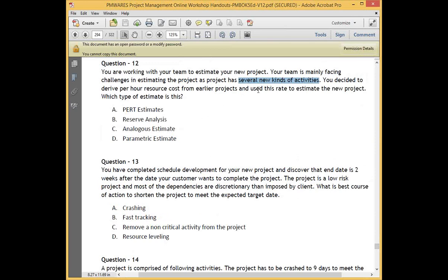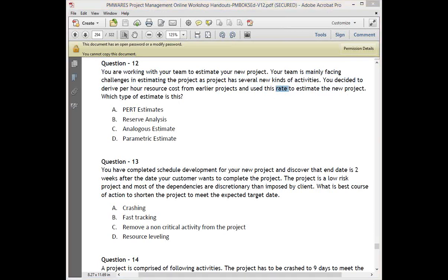You decided to derive your per hour resource cost from earlier projects, and use this rate to estimate the new project.